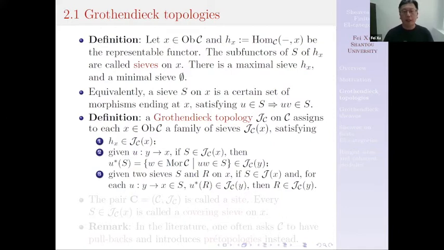The first is that the maximum sieve must be in this particular family J(C). The second is called the stability axiom, and the third is called the transitivity axiom. Basically, they mimic what you need for covering.